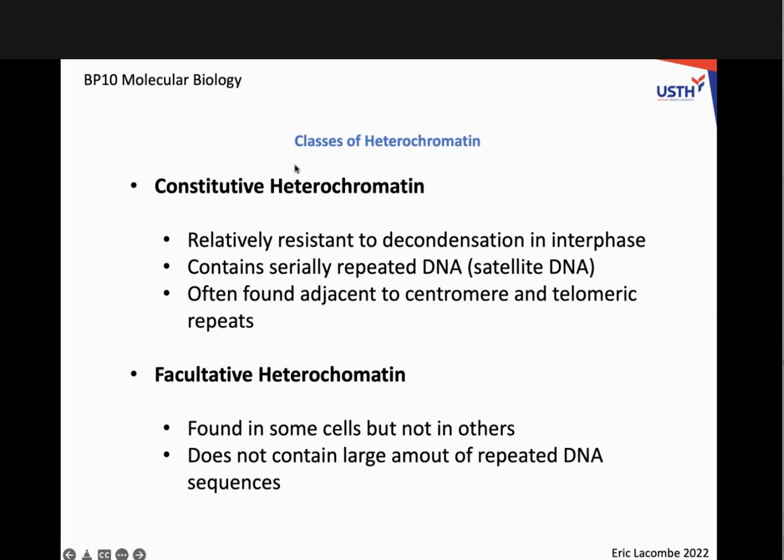Okay. So from what we saw yesterday, you remember that I was telling you that, for example, in human, we've got almost 50% of the human genome that is composed of repeated sequence. These repeated sequences can be either transposon, retrotransposon, LINE, SINE, and so on. So if you remember yesterday, I was telling you that retrotransposon or transposon can jump from one place to another place.